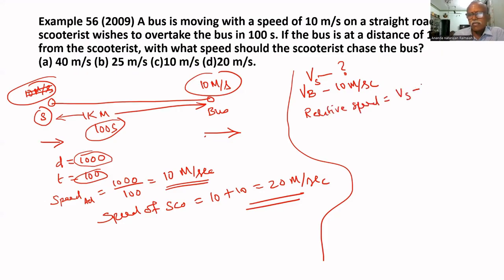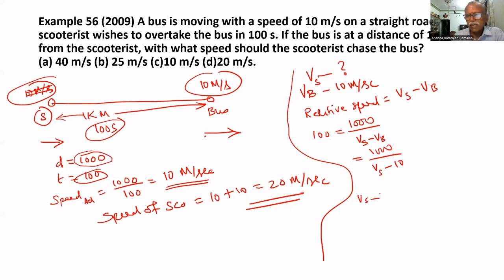Vs minus Vb. Therefore, time equals 100 seconds equals 1000 meters to be covered divided by Vs minus Vb. That is 1000 divided by Vs minus Vb, where Vb is 10.